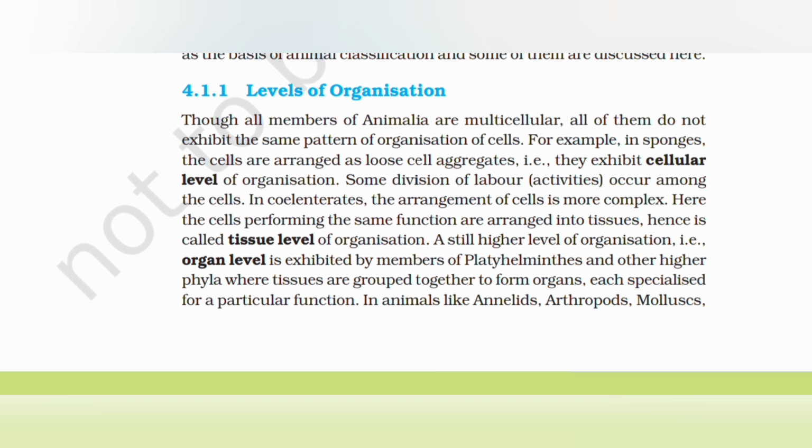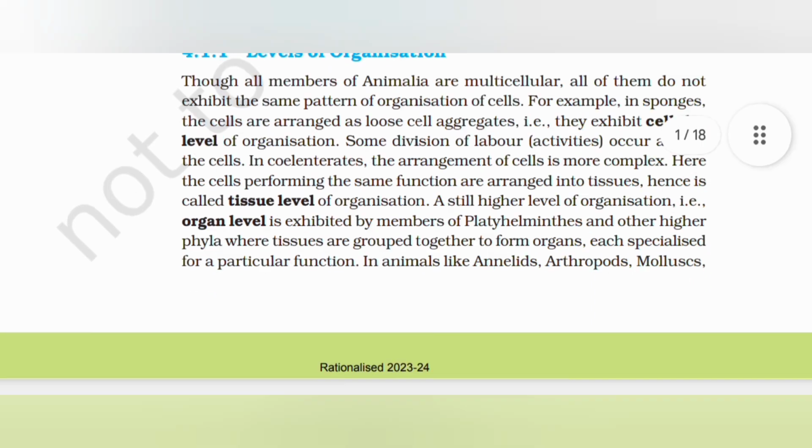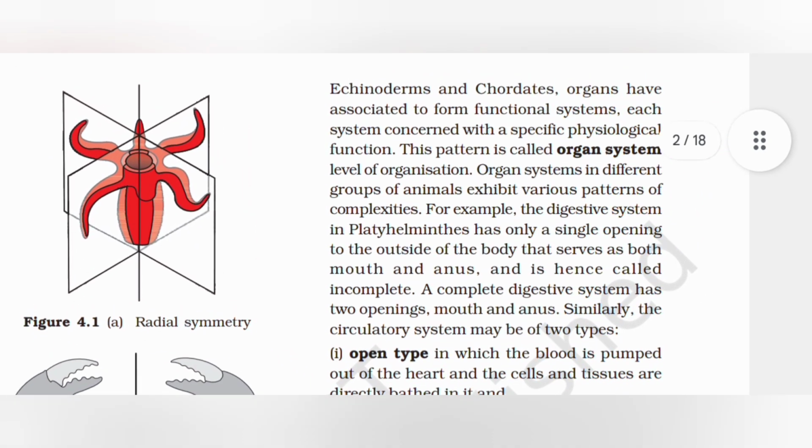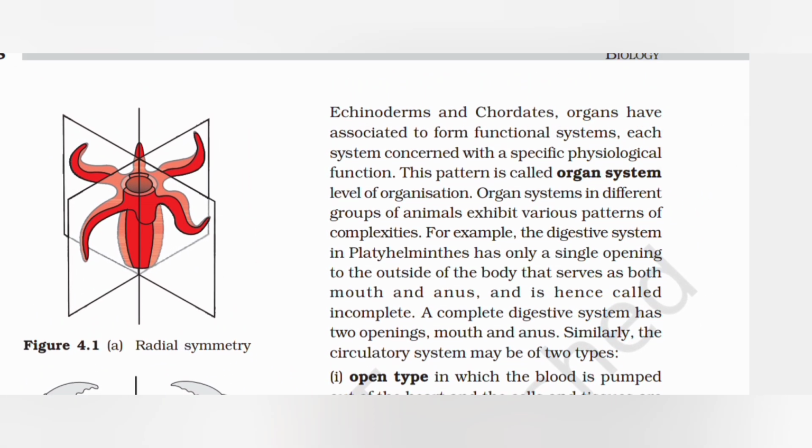In animals like annelids, arthropods, molluscs, echinoderms and chordates, organs have associated to form functional systems. Each system is concerned with a specific physiological function. This pattern is called organ system level of organization.